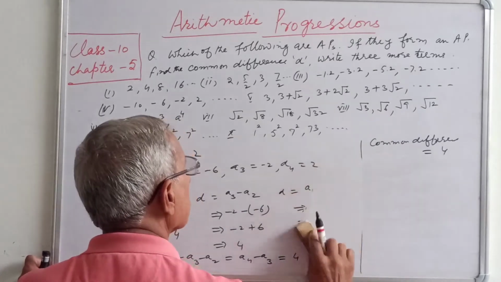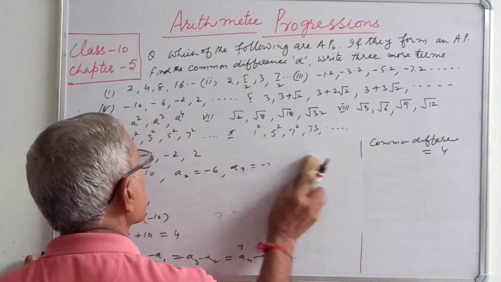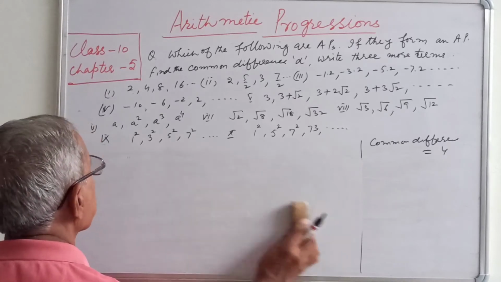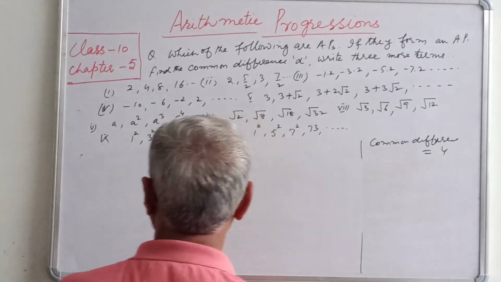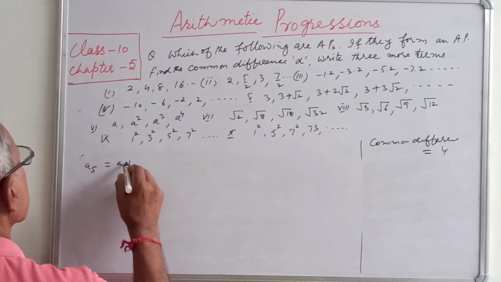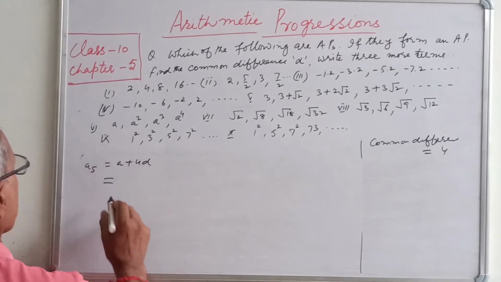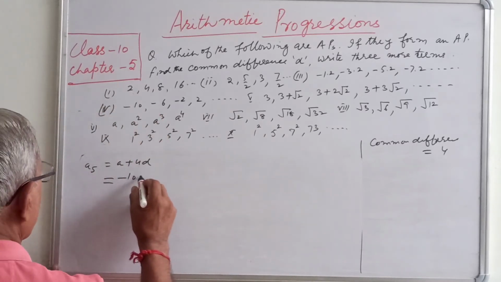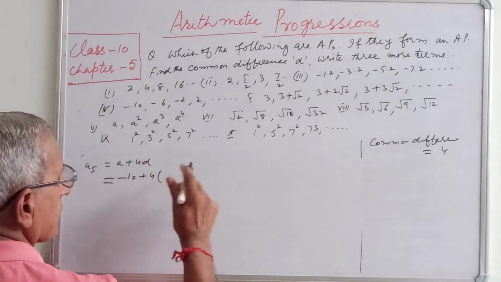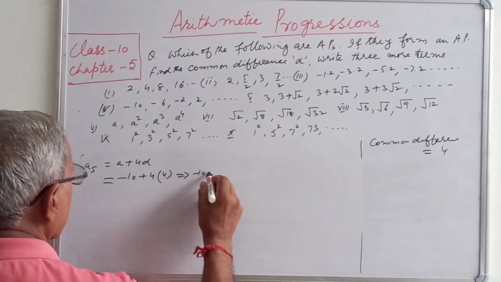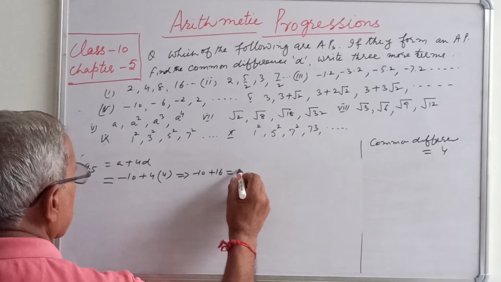Now the next three terms for the given AP will be: A5, A plus 4D. A is minus 10, D is 4, so minus 10 plus 16 that is 6.